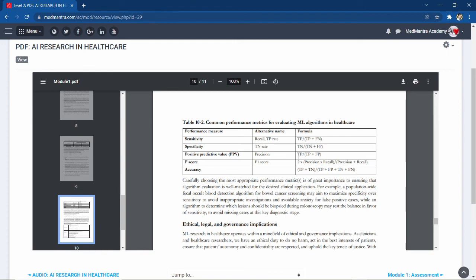A high AUC is desirable for most algorithms. This metric is widely used in the ML healthcare literature, in particular when comparing algorithms' performance to that of human experts, as in human versus computer experiments.